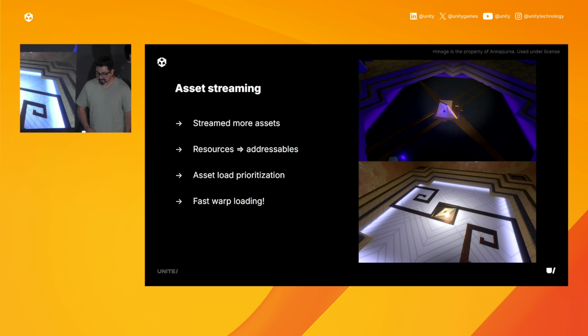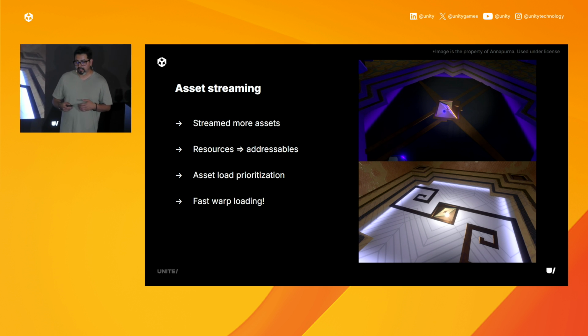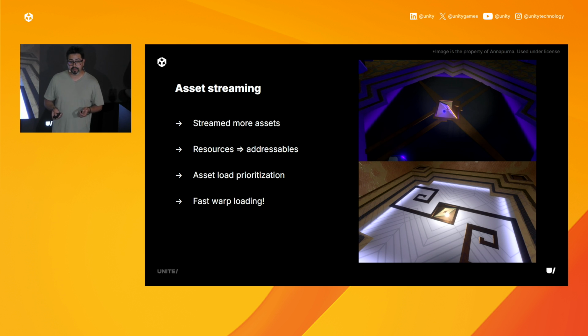Yeah. A big thing that we did to improve memory in Outer Wilds was simply to increase the number of assets that would be streamed in on individual planets. This lowered our baseline memory usage across the board. So it freed up a ton of memory for each planet to be able to load in their own assets or increase the number of assets loaded on each planet.